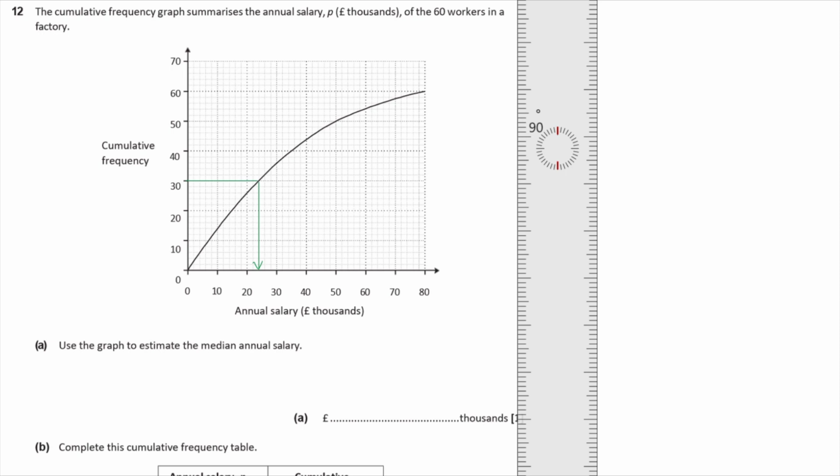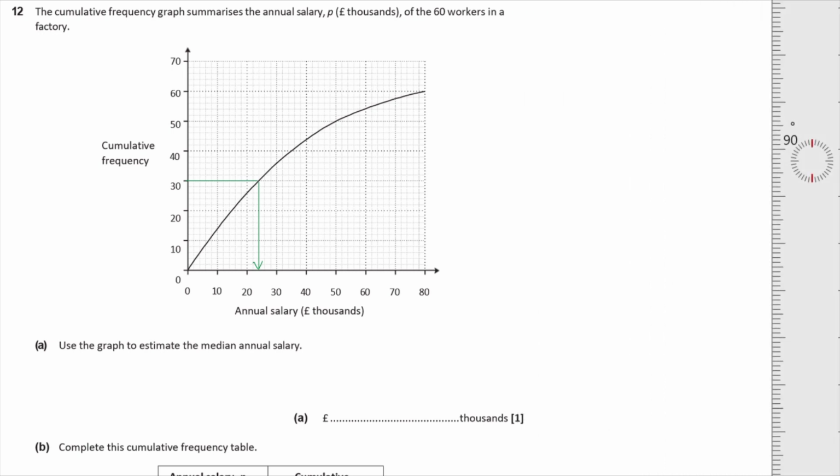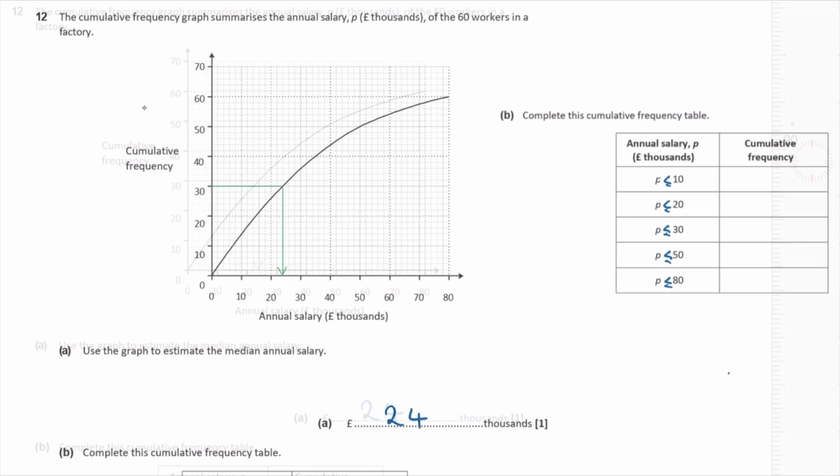Now, if there are 5 squares between 20 and 30, then each one of those squares is worth 2 then, isn't it? So 2 little divisions is going to be at 24. So the annual salary is going to be 24, but that scale is in thousands of pounds. So it's 24,000. Now they've already added thousands on the end, so I can just write 24 in here. 24,000.